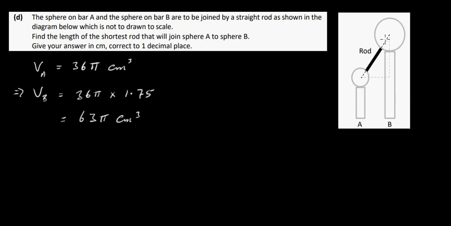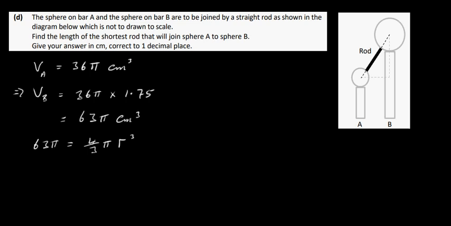Why did I do that? Because I want to try and work out the radius here, this distance here, the radius of sphere B. So let's work that out. Well, we know that 63 pi is going to be equal to 4 over 3 pi r cubed. This is the volume of any sphere. So we have everything in this equation except for r, so I can work out this radius here.